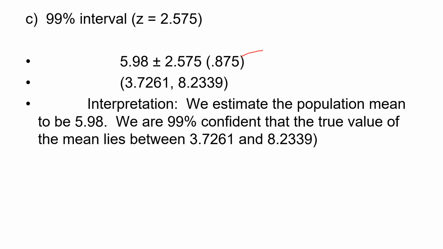So remember this, this is standard deviation over square root of n. Calculate it and then you just plug it in and you will get the lower and upper boundary. Make sure you write it from the lower to the higher value, and your interpretation, because it's a 99% interval, is we are 99% confident that the true value of the mean lies between the lower and the upper confidence limit that you calculated.